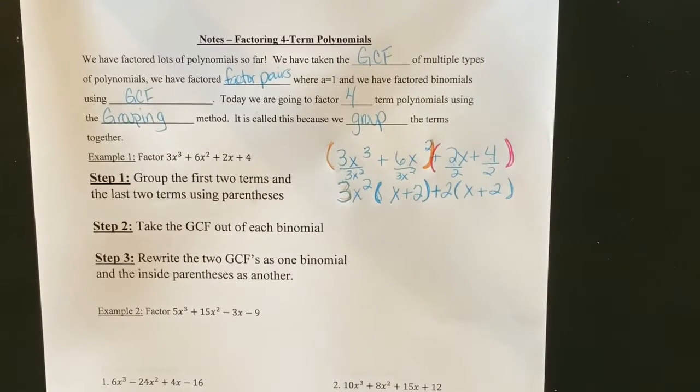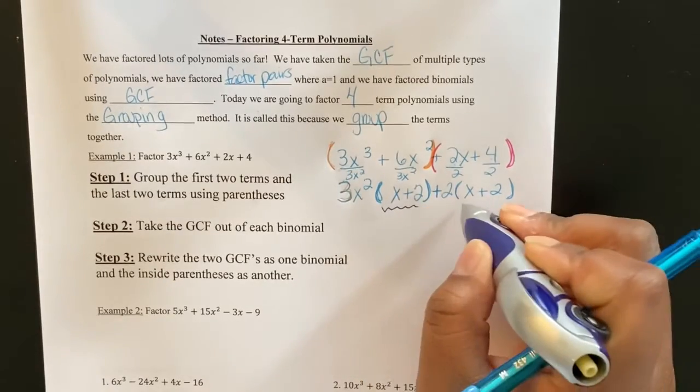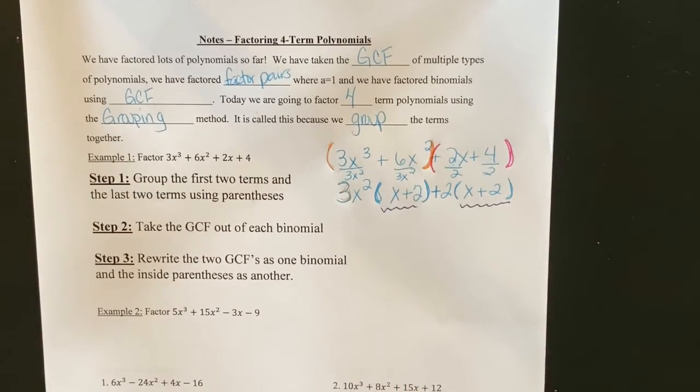Now, what you should notice here, which is a very important thing here, is that these two are the same. What's in your parentheses after you take out a GCF should be the same. Okay? It should be the same.